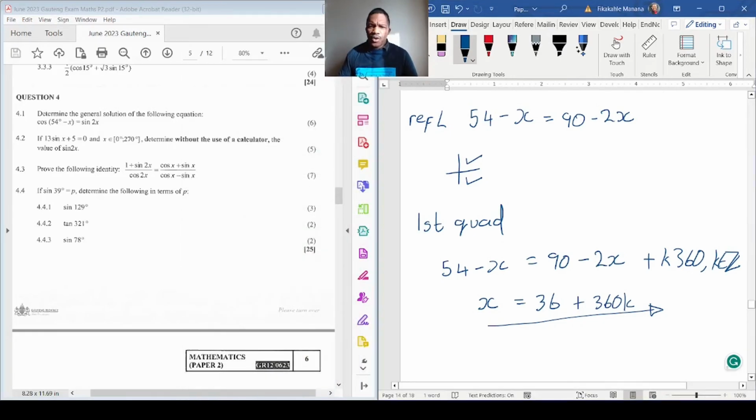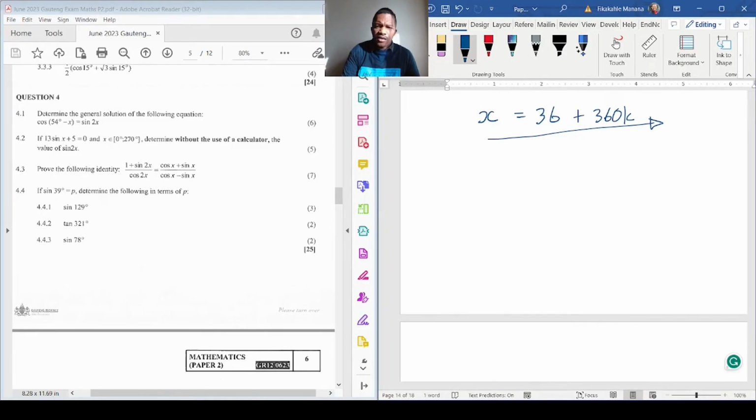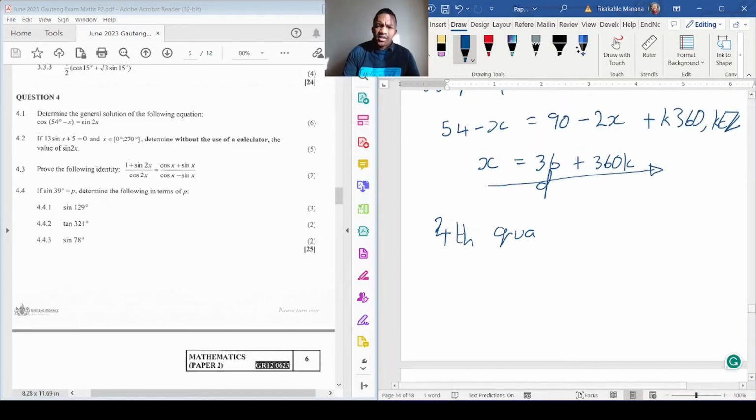So that's our first answer, in the first quadrant. We now have to work with the fourth quadrant. I'm not paying attention. Now, in the fourth quadrant, we either take 360 minus the reference angle, or you just take the negative of that reference angle.